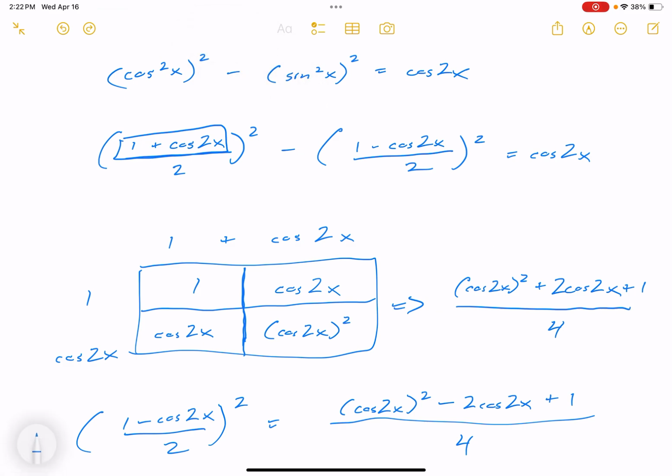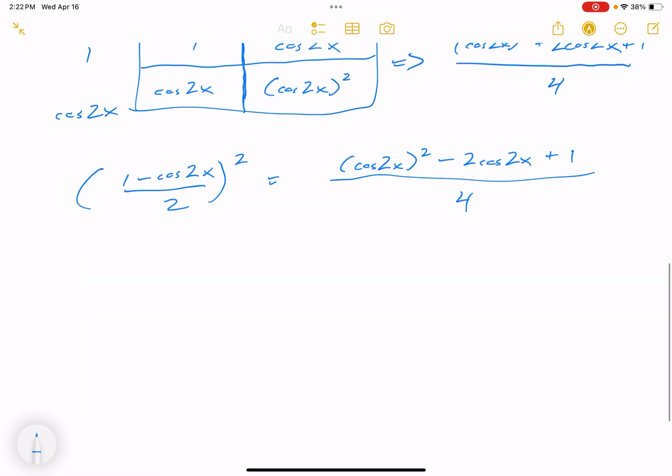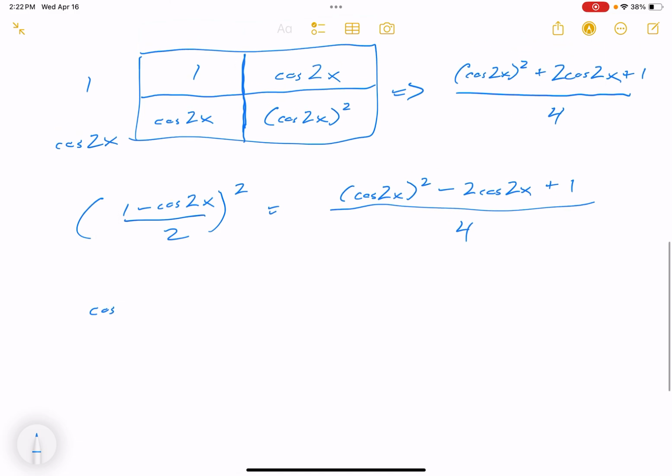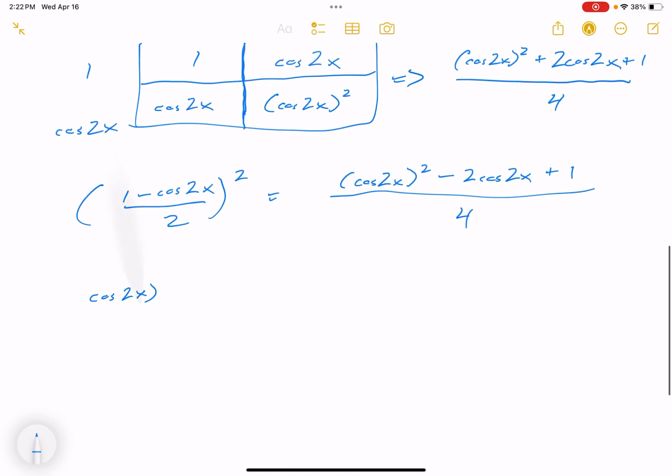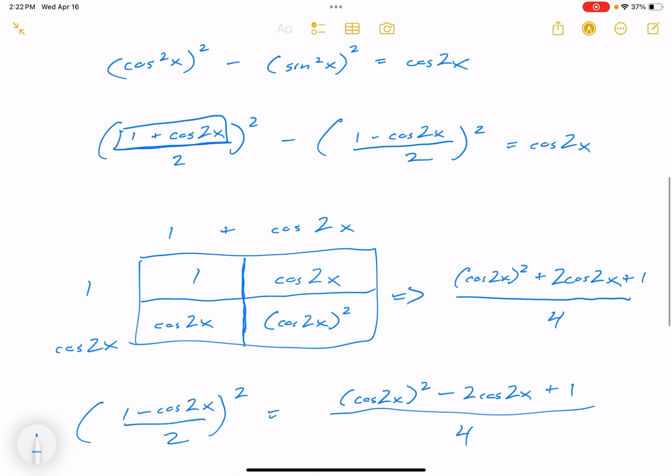That's all we're going to do. So now we have cosine 2x raised to the power of 2 plus 2 cosine 2x plus 1. And then we're going to subtract. You guys know how to do subtraction, right? I'm not going to go over that.